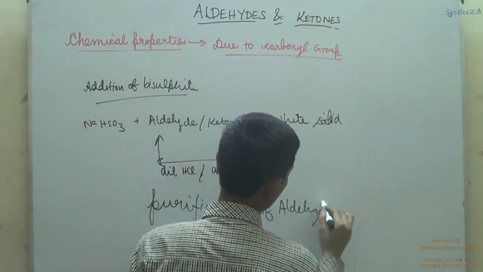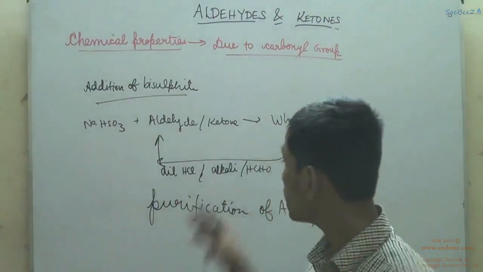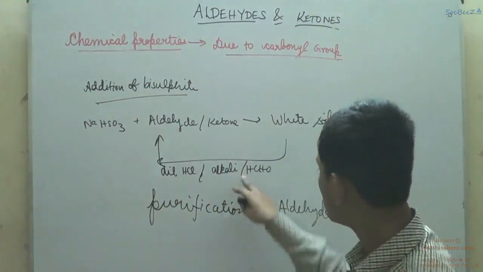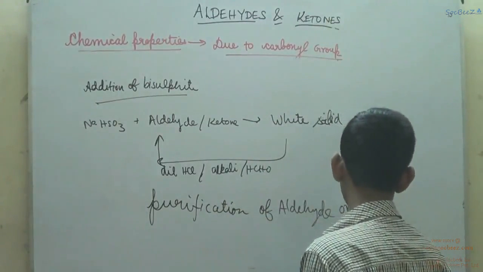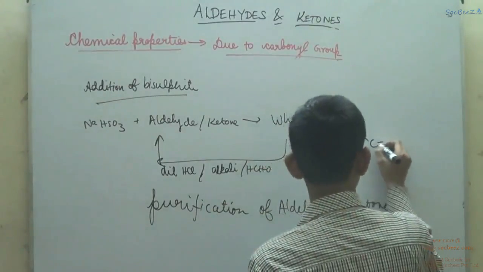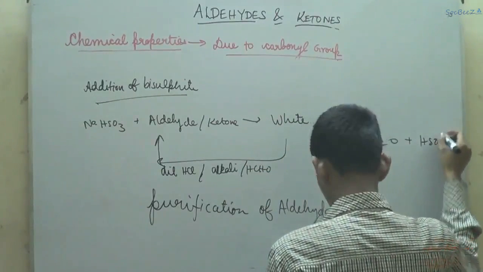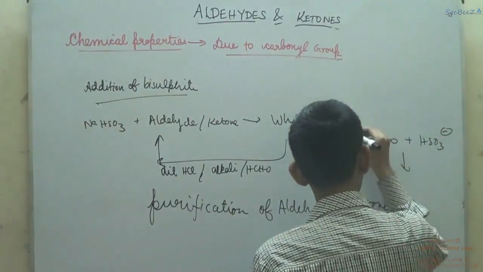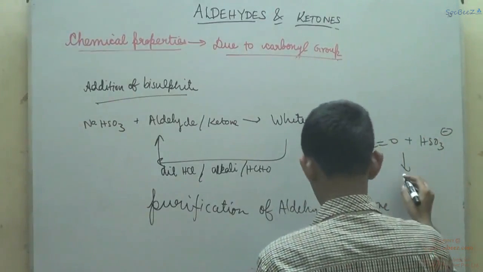Because if you treat an aldehyde and ketone with sodium bisulfate, you get the white solid, it precipitates out. Now again, if you treat it with dilute HCl, alkali or HCHO, that is formaldehyde, you get back a compound. What happens? This is the thing. You treat it with HSO3. This can be R or H. One of them should be R, obviously.